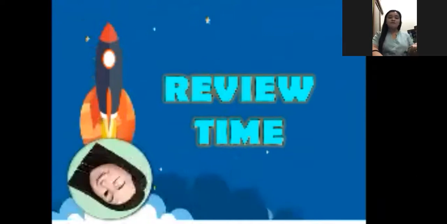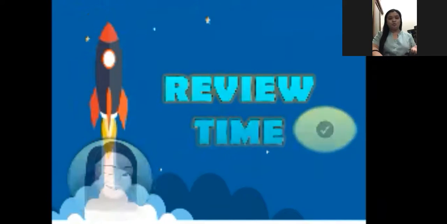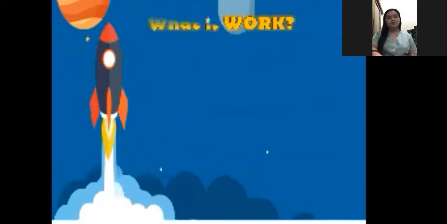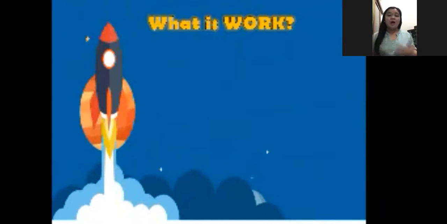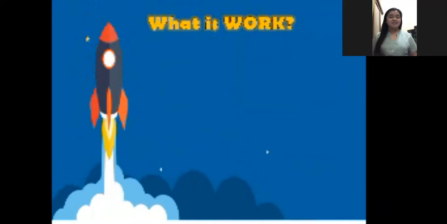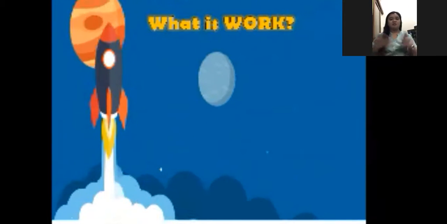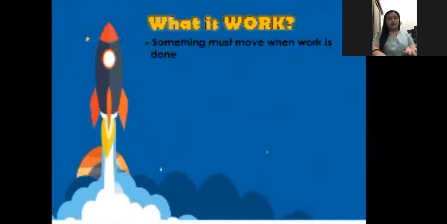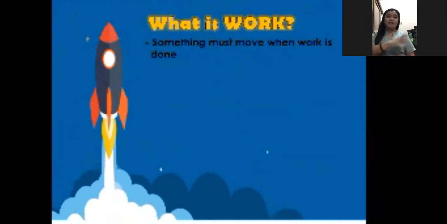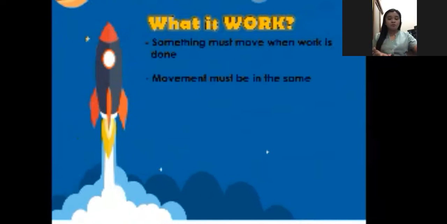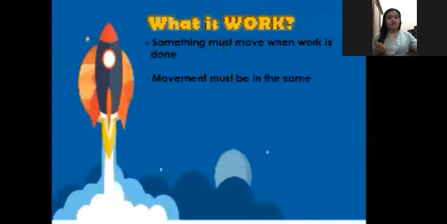Let us have first our review time. Our previous lesson in science is about work. Let us define again what is work. According to our discussion last time, something must move when work is done.